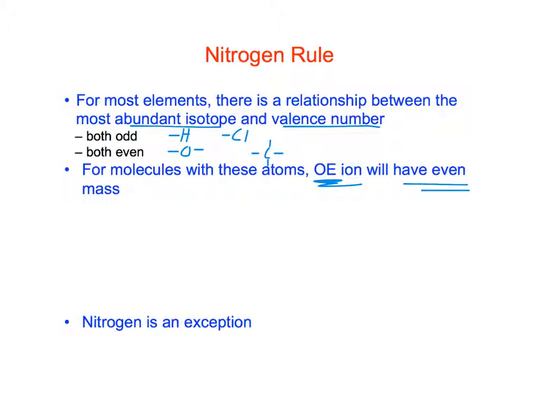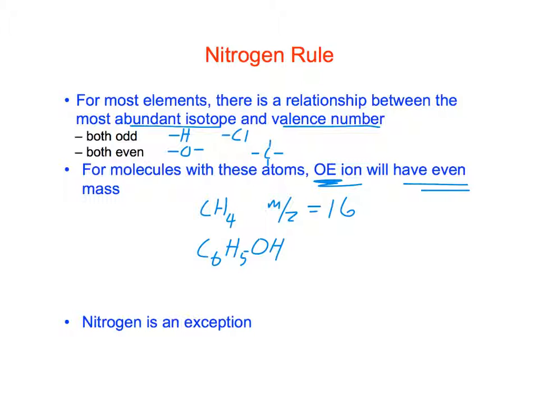Okay, so let's just pick out a few examples. If we just take a very simple one, methane, it has elements that all fit into this. The mass to charge of the molecular ion would be 16. It's an even mass. If we have something like C6H5OH, this could be phenol.